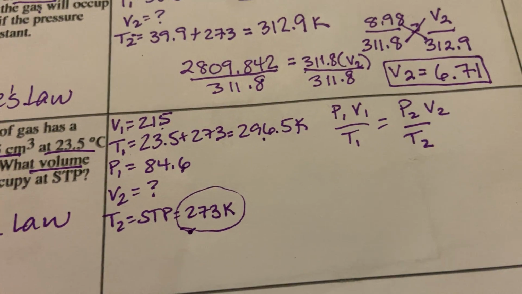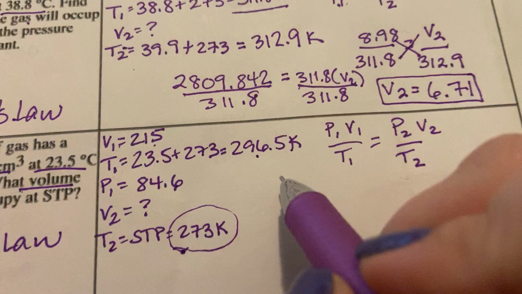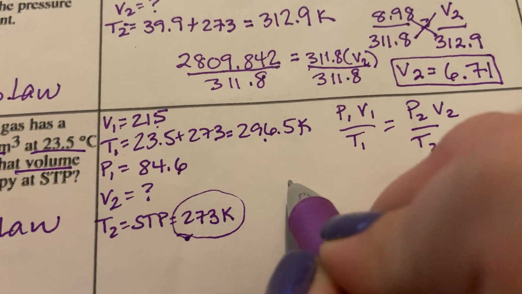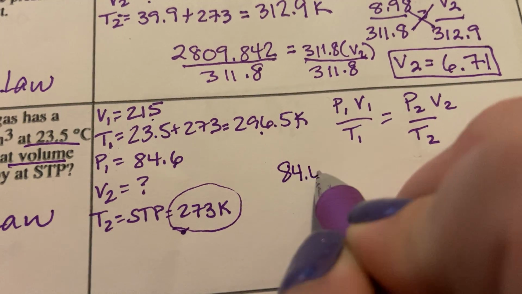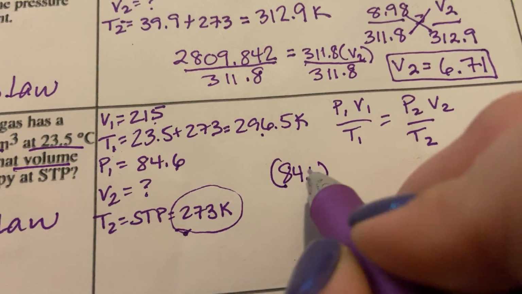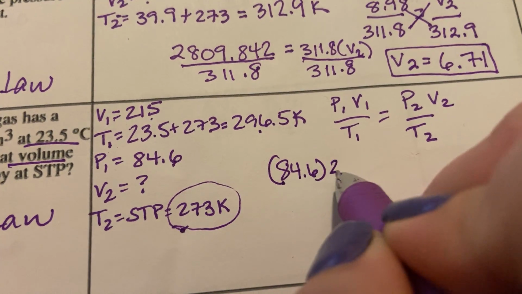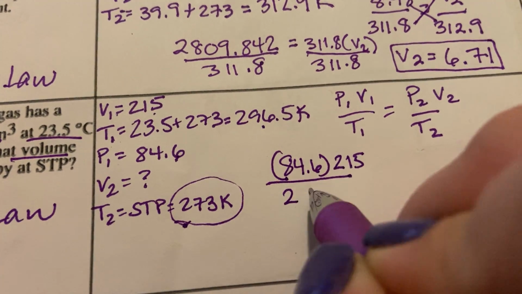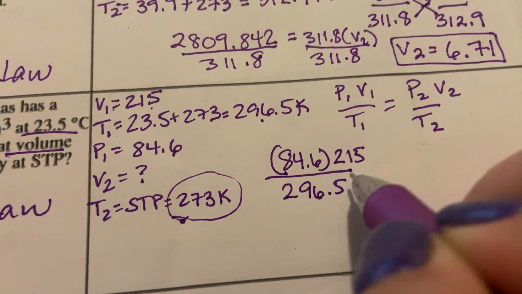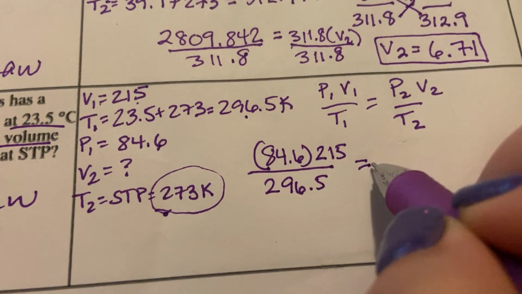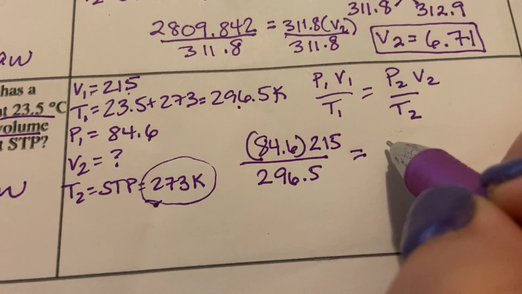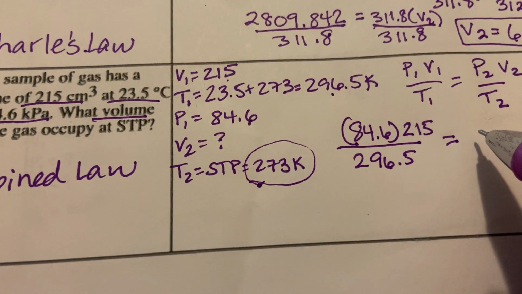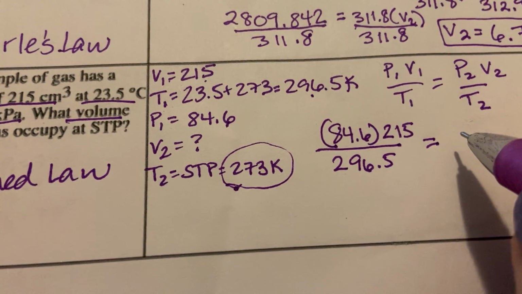And so we are going to plug it in, okay? So pressure 1 is 84.6 times volume 1, which is 215, over temperature 1, 296.5, equals pressure 2. Oh, my pressure 2, I forgot to tell you.